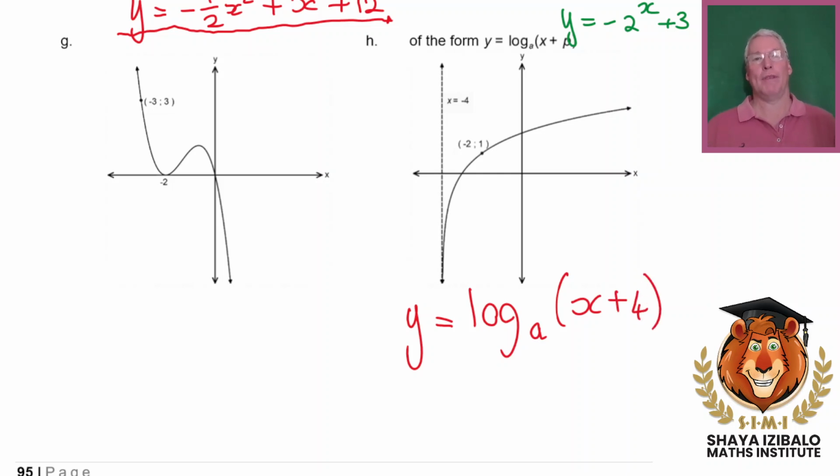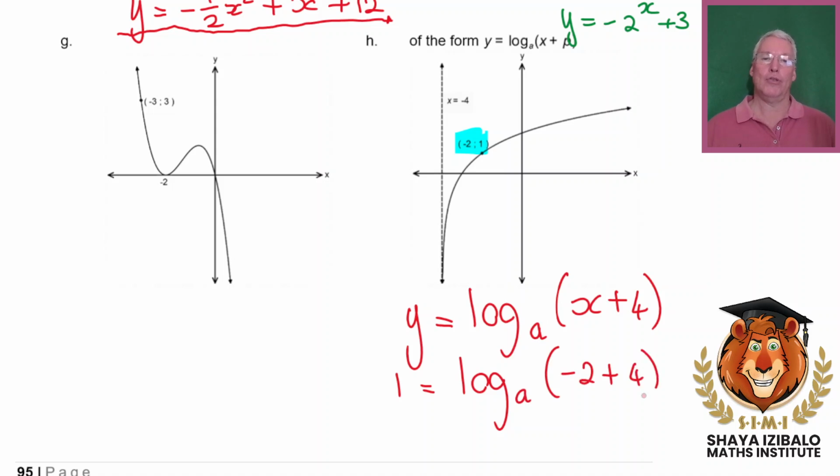As we've done every time, we're going to substitute in a point. We're going to put that point into this equation, remembering that 1 is the y value, log base a, x is negative 2. So we get negative 2 plus 4, which is actually 2. Right, so what we've got is 1 equals log base a of 2.